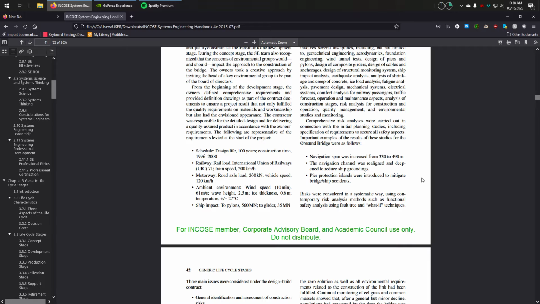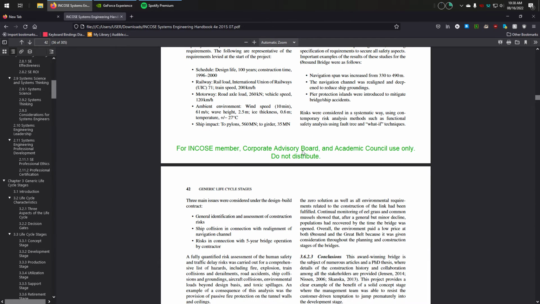The navigation channel was realigned and deepened to reduce ship groundings. Pier protection islands were introduced to mitigate bridge and ship accidents. Risks were considered in a systematic way using contemporary risk analysis methods such as functional safety analysis using fault tree and what-if techniques.